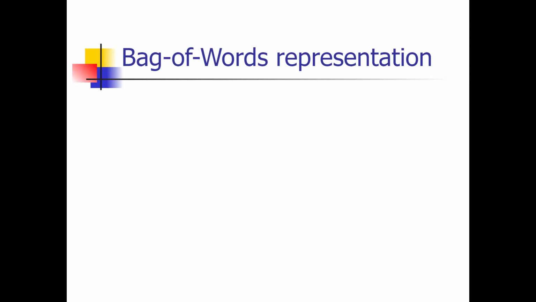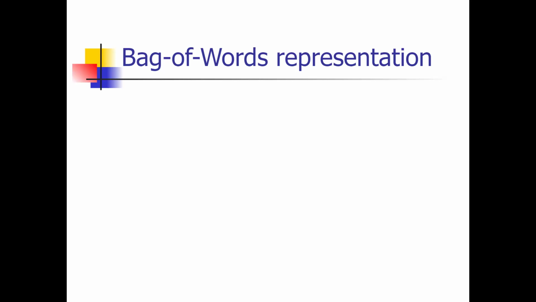So if you give a text directly, our algorithms cannot work. This text should be converted to a set of numbers, right? That is what we need to do in this first phase. So what is this bag of words representation? Or in short, we say BOW.